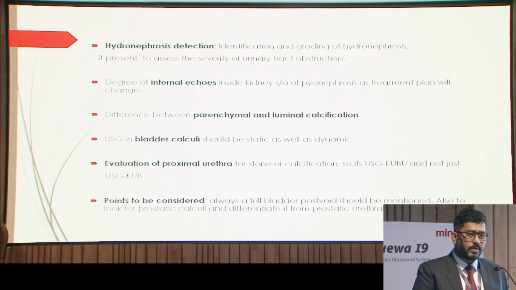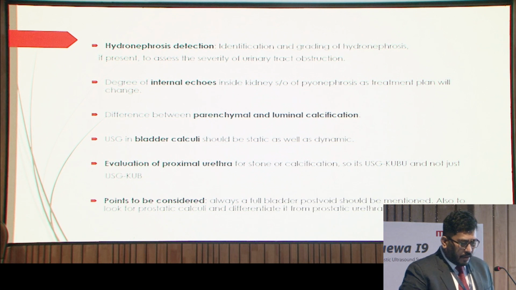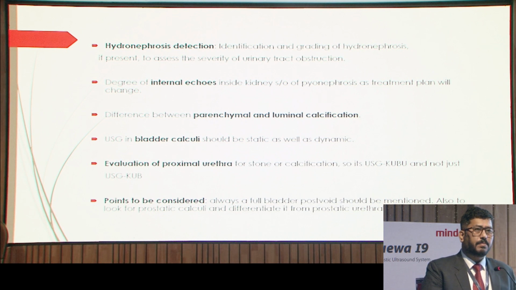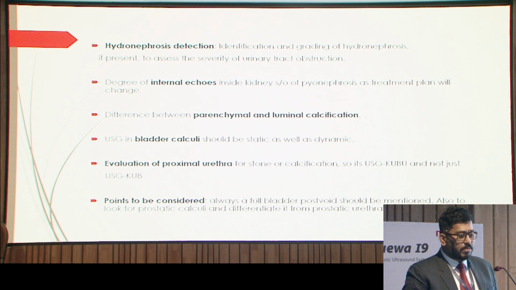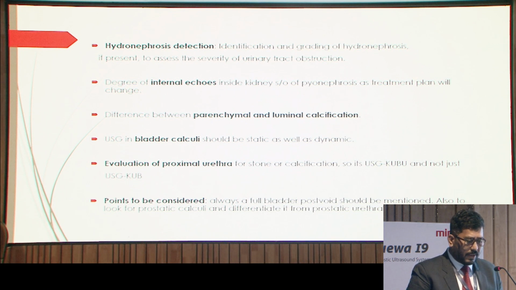Stone with hydronephrosis can be easily surgically dealt with. Then degree of internal echoes. It is important to know internal echoes because if there is an infection, then the management changes. We might have to do a DJ stenting or a PCN to drain the obstruction before going for management of the stone. Then differentiation between parenchymal and luminal calcification should be made properly.